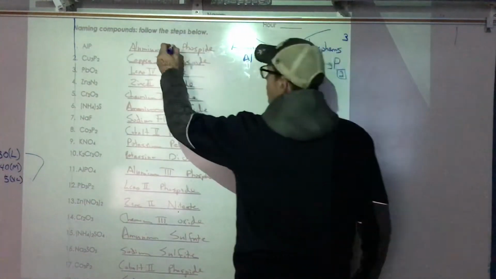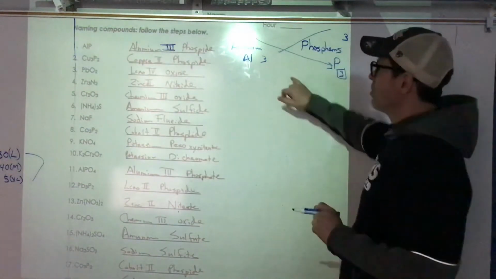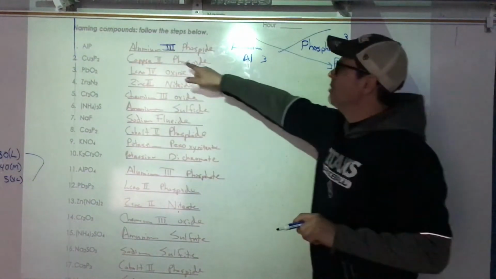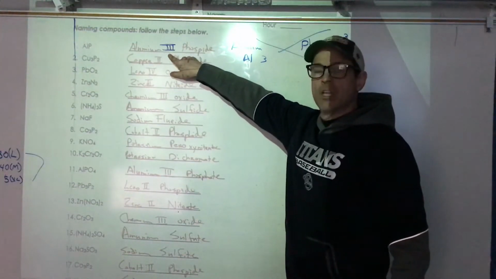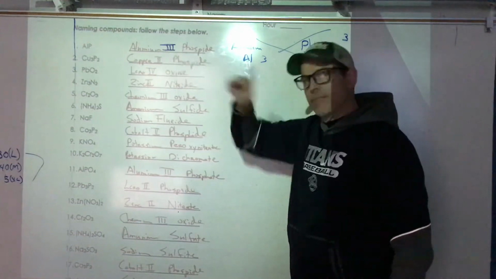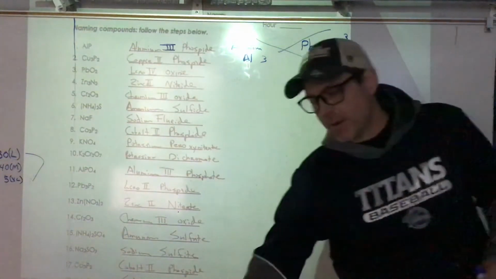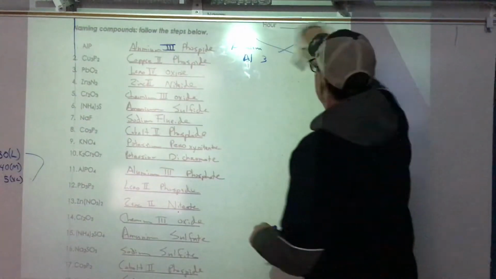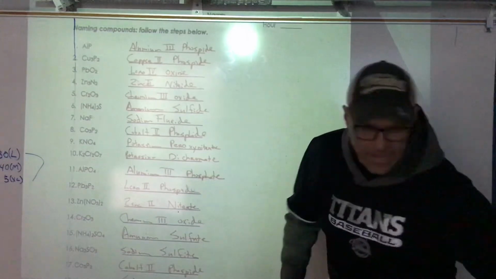That is where the aluminum 3 Roman numeral came from, because you remember, we need to know if it's a D or P block, what Roman numeral charge goes with that cation, that first element. And that's the only one that ever changes. Once that's done, remember the last rule says, name it as you see it, or name the anion and add IDE.